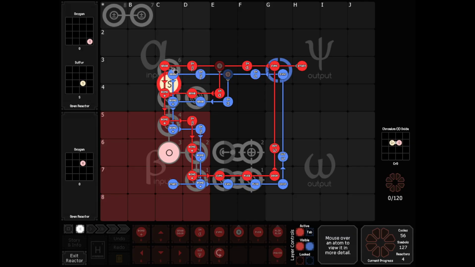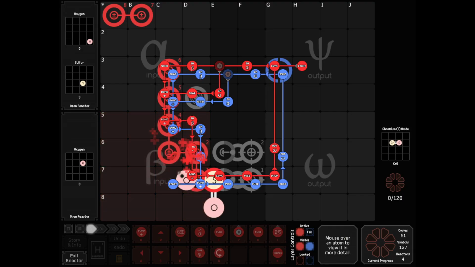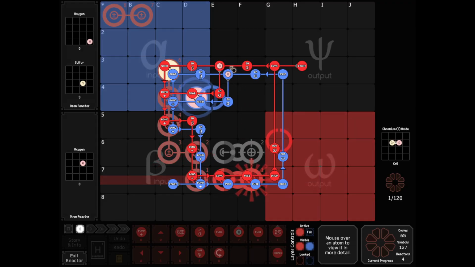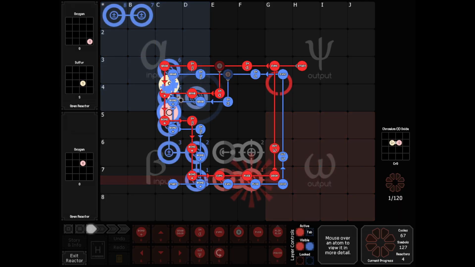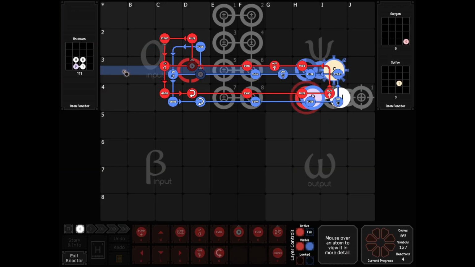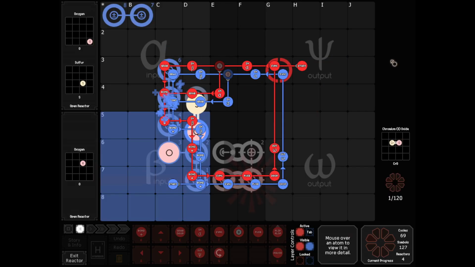So if it detects that there is, first of all, it detects that there is no oxygen there, so it moves up here and grabs the sulfur, just bonds that to the oxygen, bonds another one to it, fuses that, and outputs. And when it detects that there's an oxygen right there, then it grabs that, fuses it to the sulfur, because of the way that there's either two sulfurs here or a sulfur together with an oxygen.